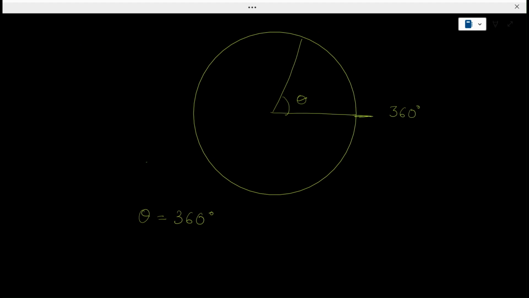And in our junior classes, we also studied that 360 degrees completes 2 pi radians.